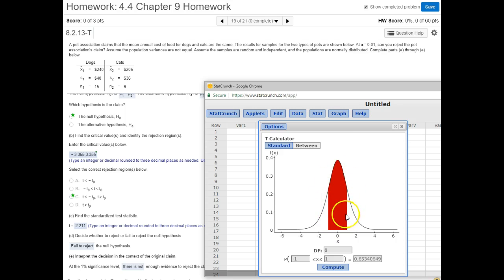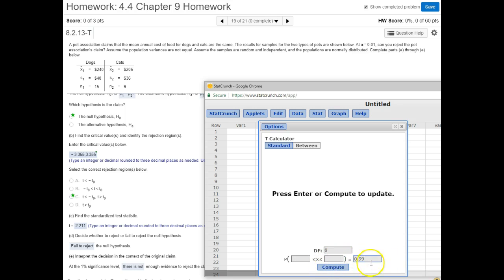So we don't have to divide alpha by 2, because alpha is the sum of the two tails, so the area in between is just 1 minus alpha. So that's 0.99. And we compute.